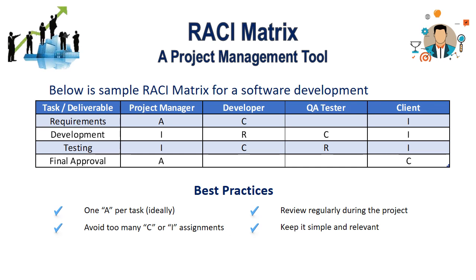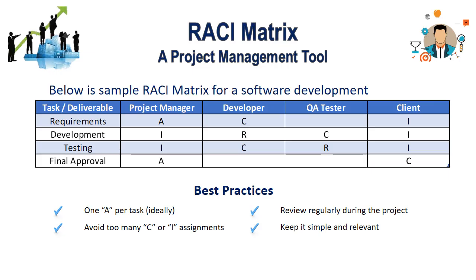And side by side, the QA tester will be there who will be regularly reviewing, or you can say testing those softwares and providing inputs and feedback to the developer. And at the end, project manager and client both need to be informed about the stage, about the updates, where we are at the development area.